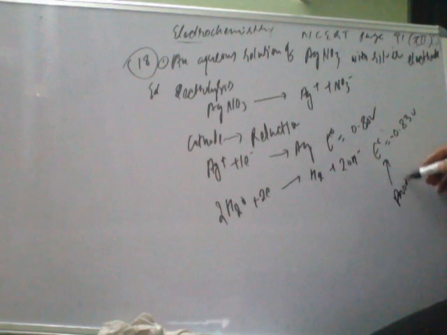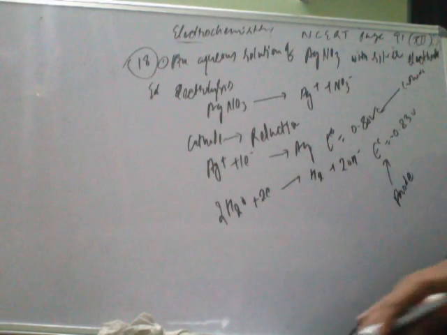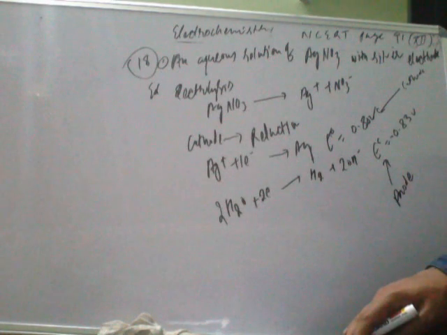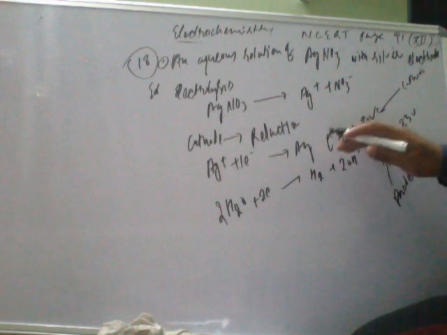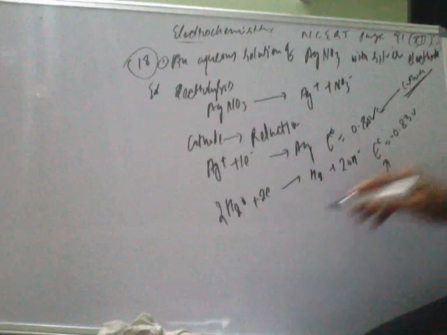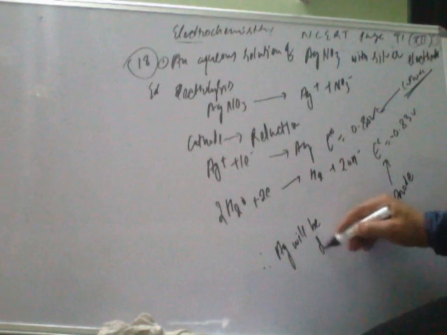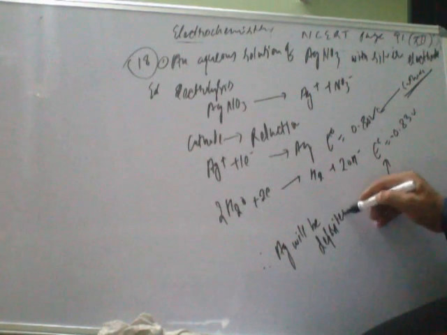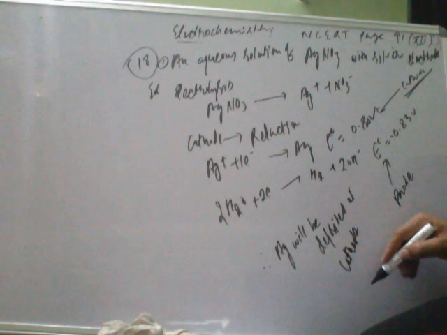That is water, so we make it the anode, and Ag will be the cathode, as it has the greater value. So Ag will be deposited at the cathode, right?